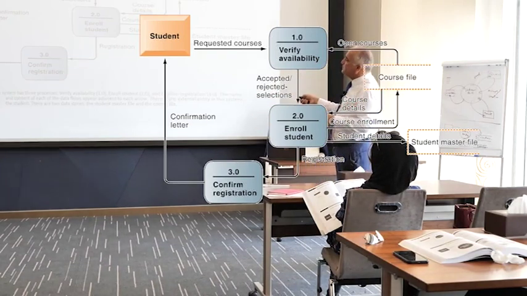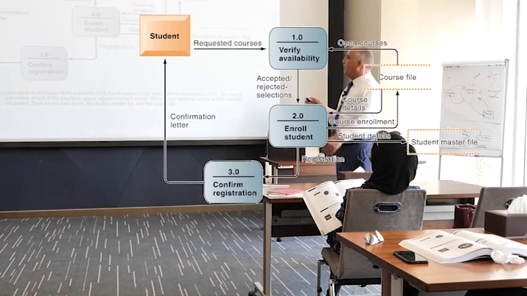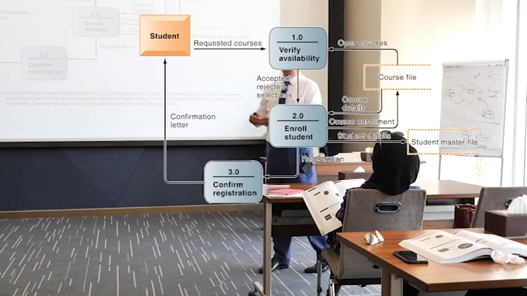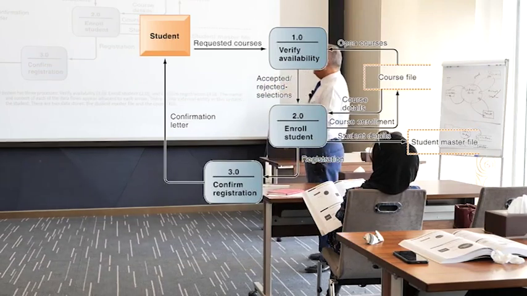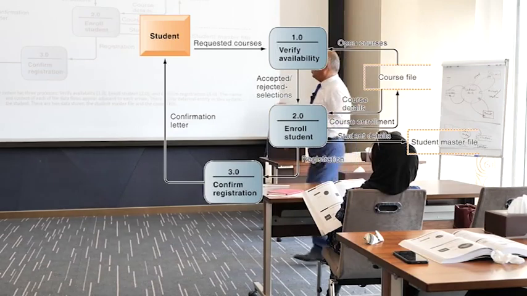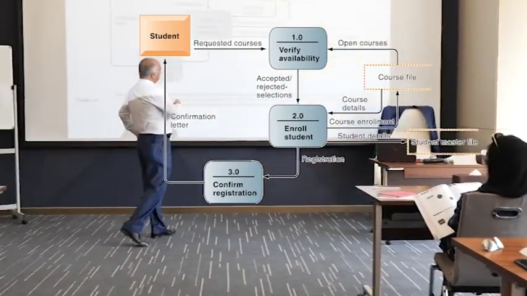So in this case, a process means a program can call another program. This process is calling this process. What does this process say? It says enroll student. Now I am enrolling the student in project management. So I am enrolling the student. What do I need?